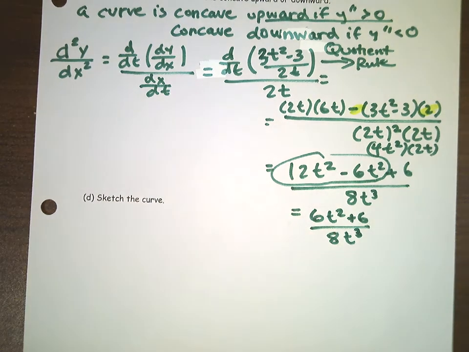If I want to figure out where this is greater than 0 or less than 0, I need to first figure out where it is equal to 0, the critical number.